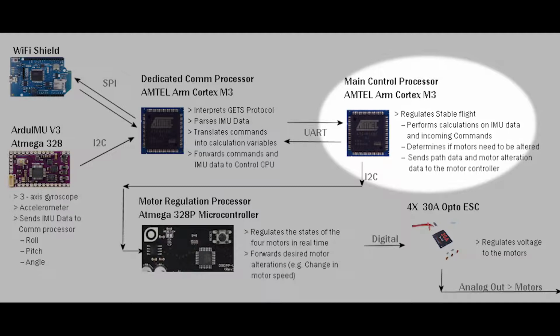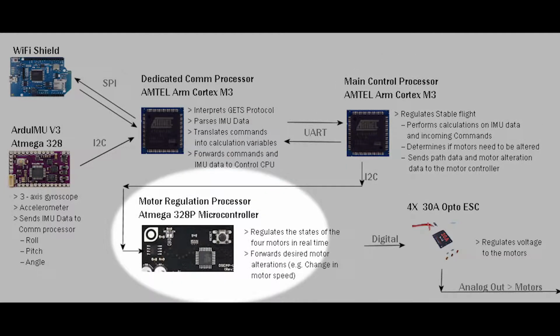This takes all of the angles from the communication processor and figures out how much we have to either increase or decrease motor speeds to achieve stability on any axis, and sends this data to the motor control regulator, which does nothing but send the actual motor speeds to the motors continuously.